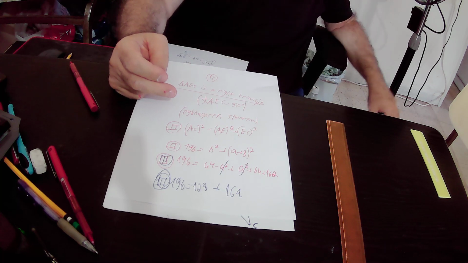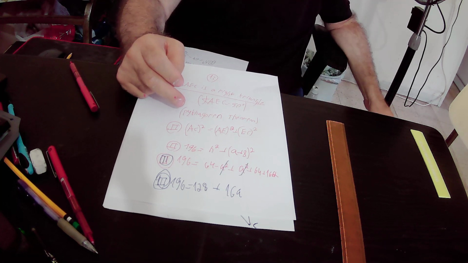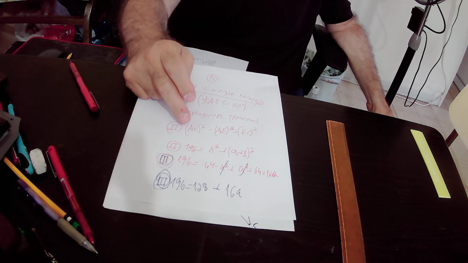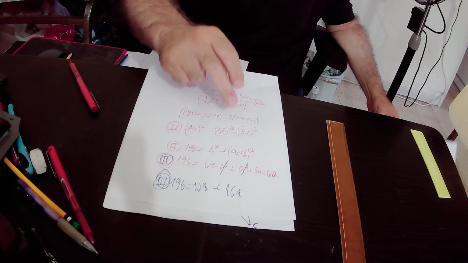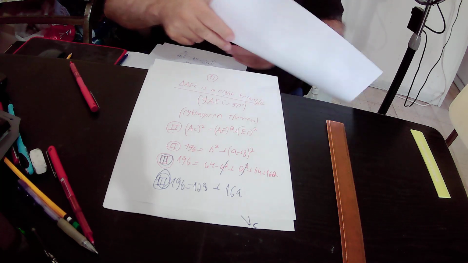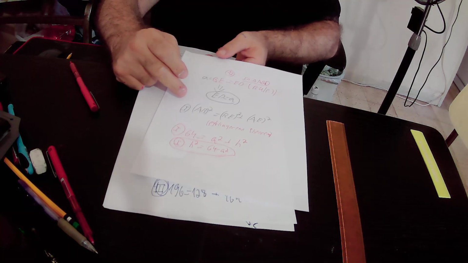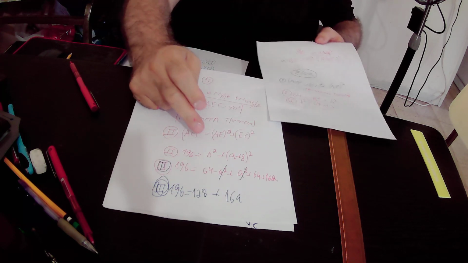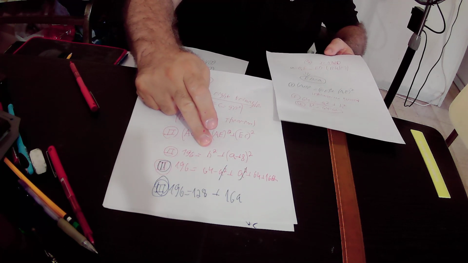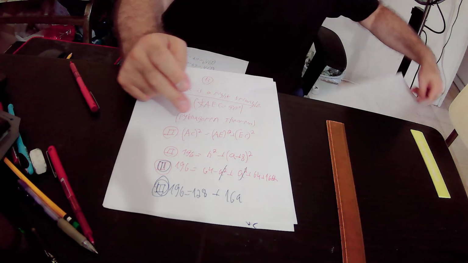And we have here 196 equals h squared plus (a plus 8) squared, but we have already found out that h squared equals 64 minus a squared, so we can substitute h squared by 64 minus a squared.